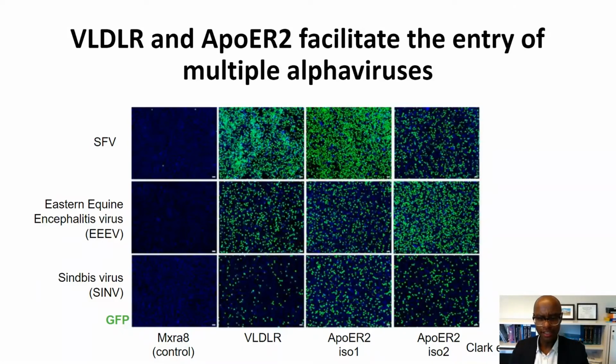And so I think a key important aspect of whenever a receptor is identified for a virus family is to demonstrate an interaction between a recombinant protein and the viral glycoprotein, or recombinant receptor fragment, I should say, and the viral protein.